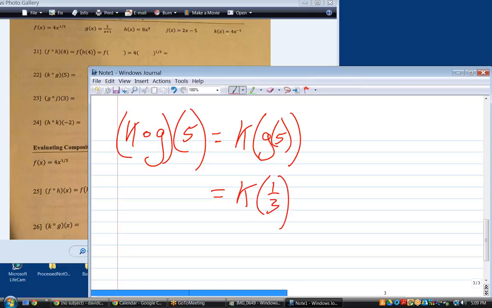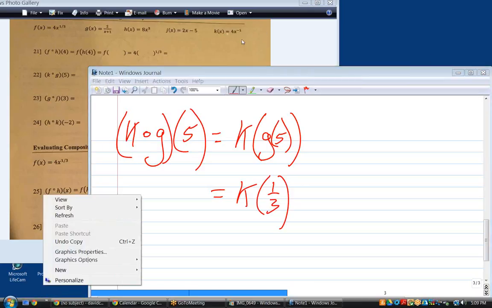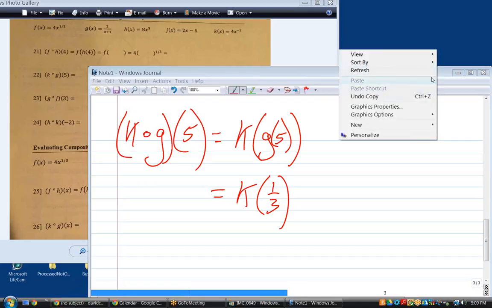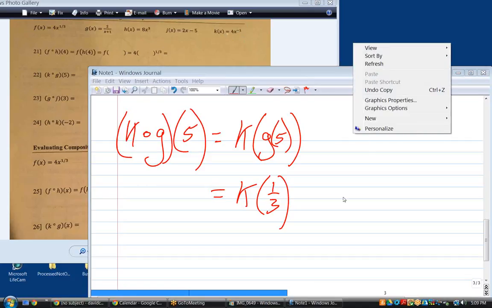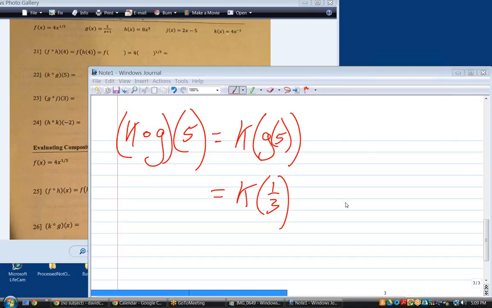You see what I do? Yeah. And now what is k of 1/3? Here's the k function up here. That'd be 4 times 1/3 to the negative 1. Right? Okay, let's figure out how to write that.